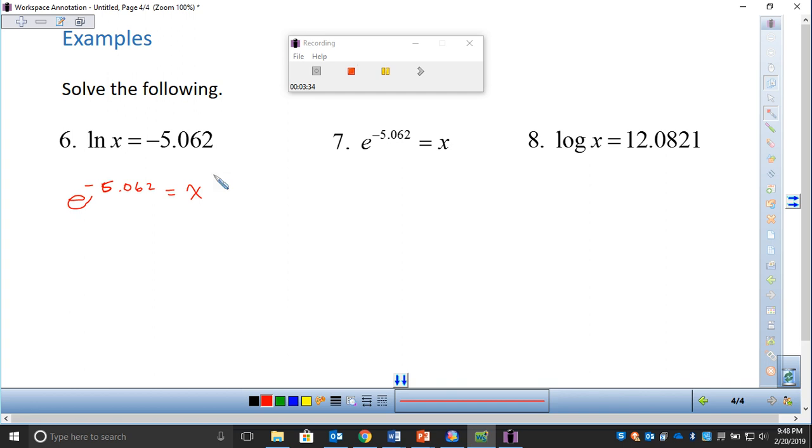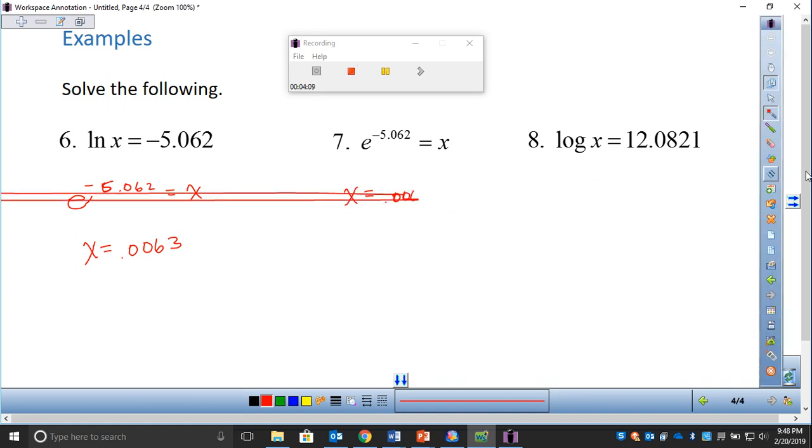So I'm going to go second natural log on your calculator, and then it should give you the e with the exponent there, and just type in negative 5.062, and you should get 0.0063, we'll say. Now, if you notice how we set this one up in exponential, this ends up being this exact same thing here in 7 that we saw in 6. So again, x would equal 0.0063.